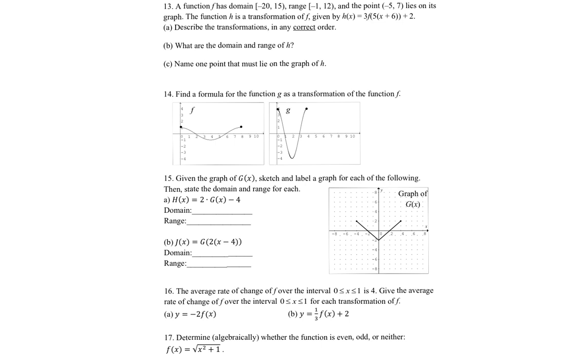So now let's do the same thing for number 13. We have this function h of x, and we want to describe the transformations of f that give us h. Well, again, let's look inside the parentheses first. So first thing that we have is this 5. So let's say horizontal compression by a factor of 1/5.